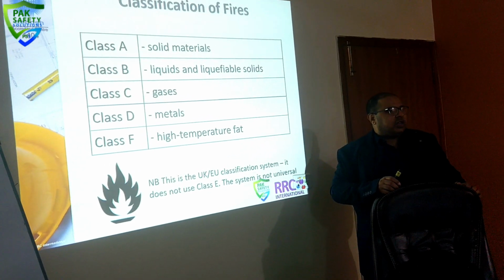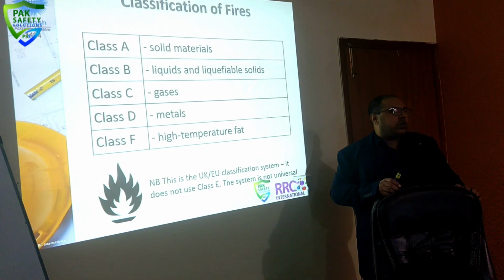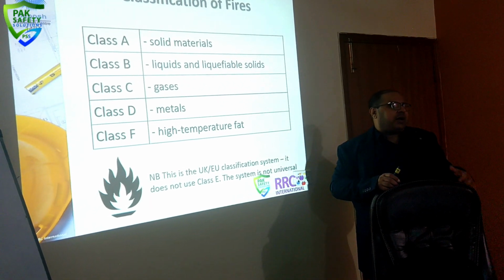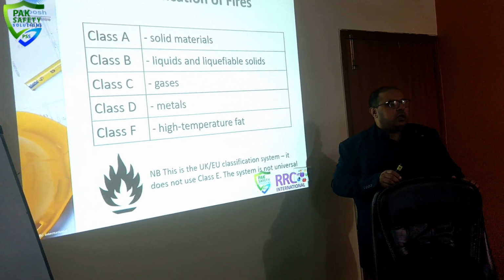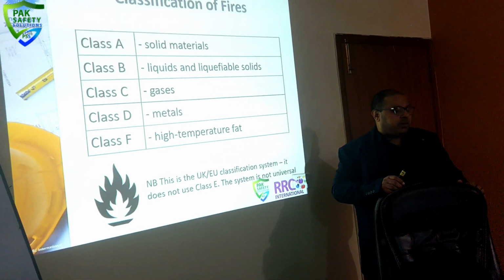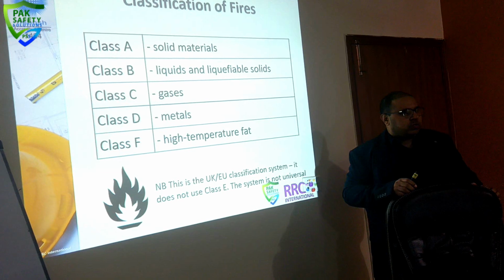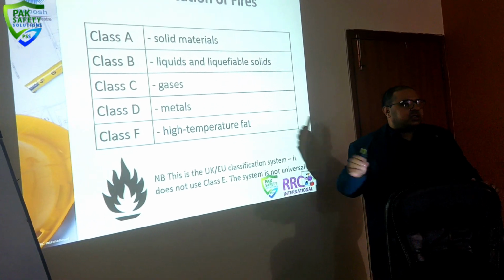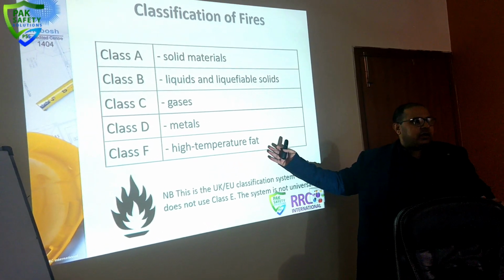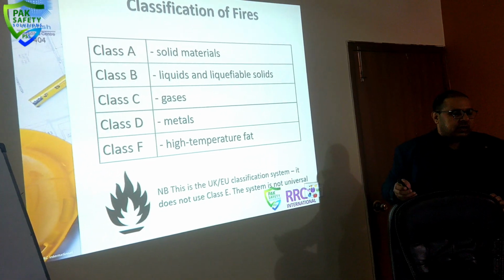Class D is metals fire, which includes sodium, potassium, magnesium, highly hazardous metals that are highly flammable and produce fire rapidly. Class F is a high temperature fat fire or cooking oil fire.